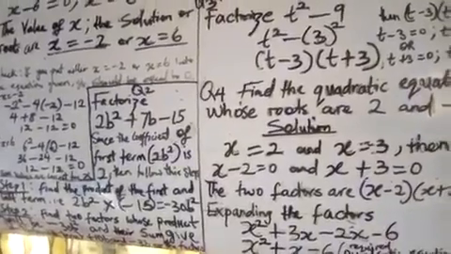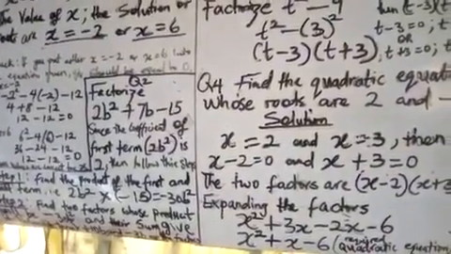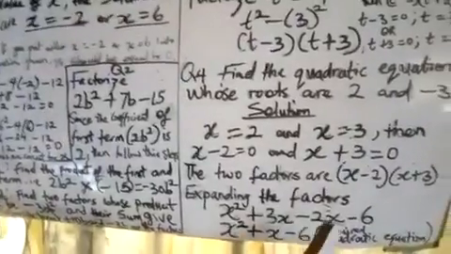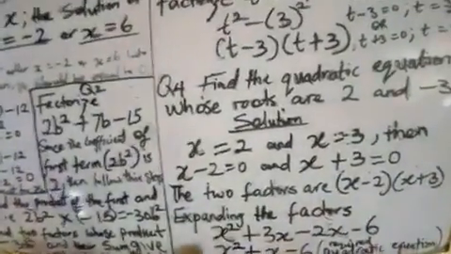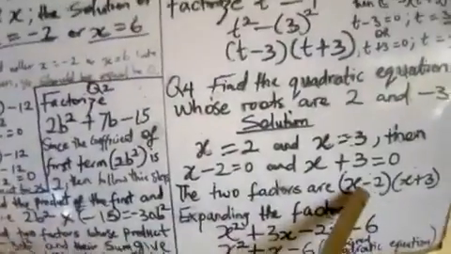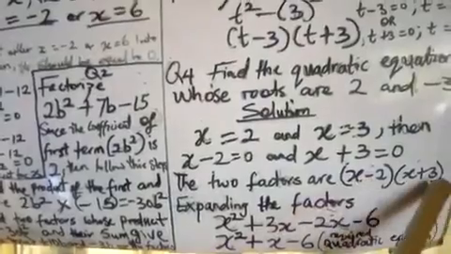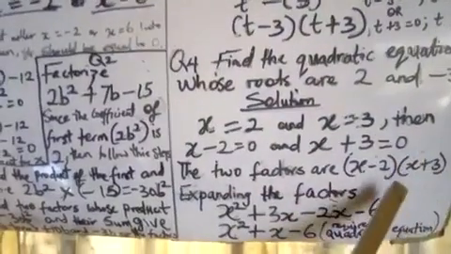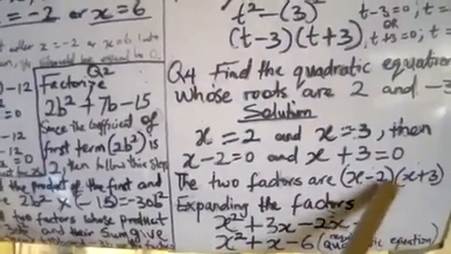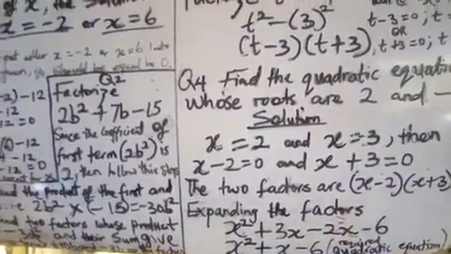If you don't know, you can visit some other previous lessons, but I will take you through the basics now. How do you expand this? You multiply this by this, you multiply this again by this. Then you come back again, you multiply this by this, and you multiply this by this. That's the basis.